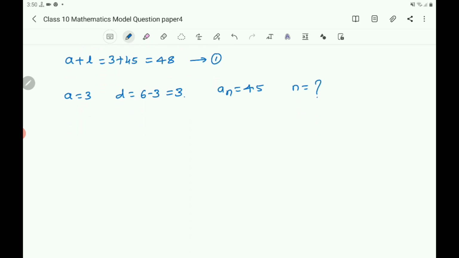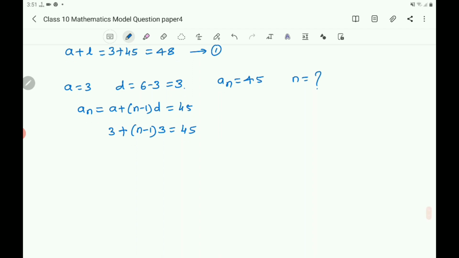Now you write the formula for an. An equals a plus n minus 1 into d, that equals 45. Then a is 3, plus n minus 1 into d, d is 3, equals 45.